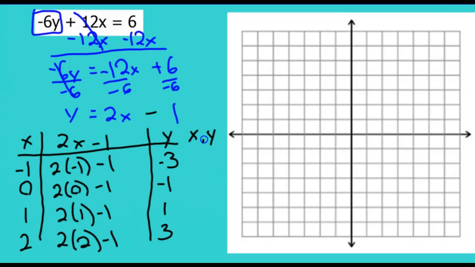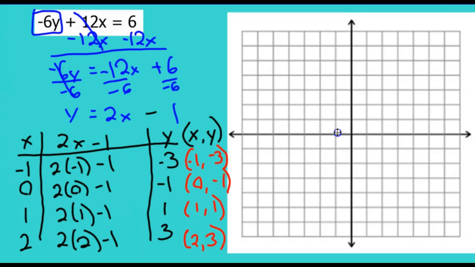So our points are negative 1, negative 3, 0, negative 1, 1, 1, and 2, 3.